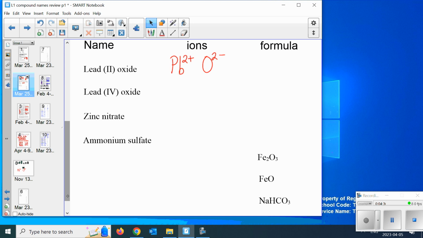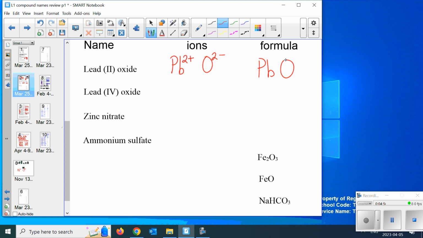So, the formula you write down represents that a unit of lead oxide has 1 lead, 1 oxygen. This is going to be important for balancing, and later on when you learn more. I know you've done this. You need a refresher.